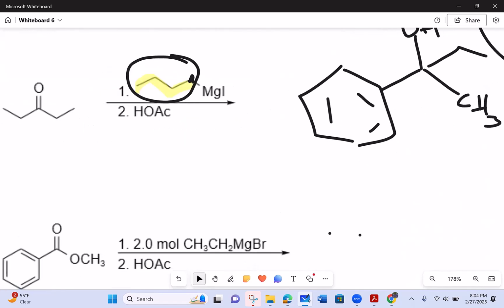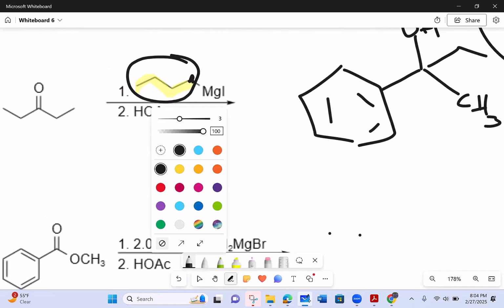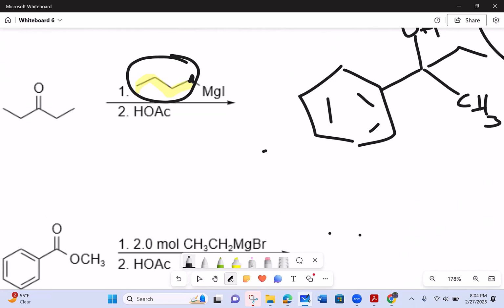Even if I were to draw that one out, the strategy to predict the product of a Grignard addition to a carbonyl is to redraw the carbonyl as an alcohol, and then the group attached to magnesium, I'm going to attach a 4 carbon chain. So I'm just going to attach a 4 carbon chain, and that's the answer.